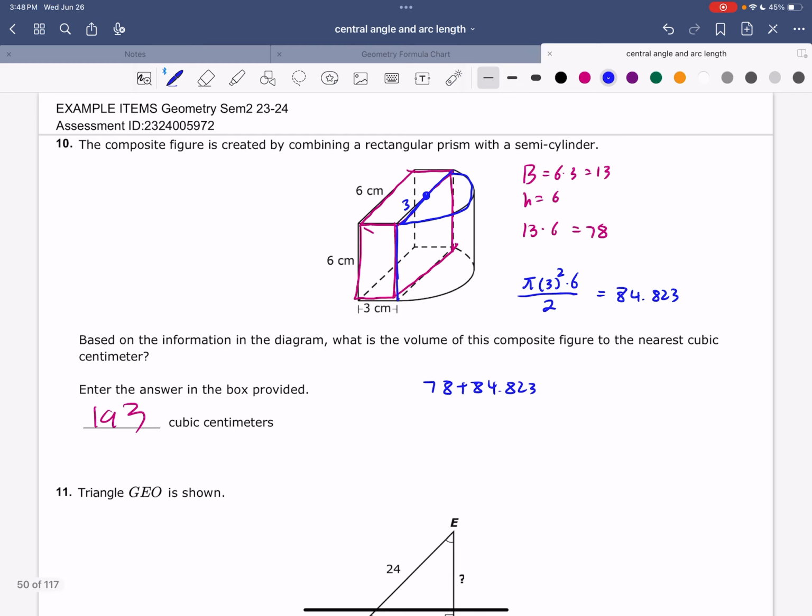Yep, that's right. That's going to be 162.8. It's not 193, by the way. It says nearest cubic centimeter, right? So it should be 163, because for the nearest cubic centimeter you don't want to keep decimals.